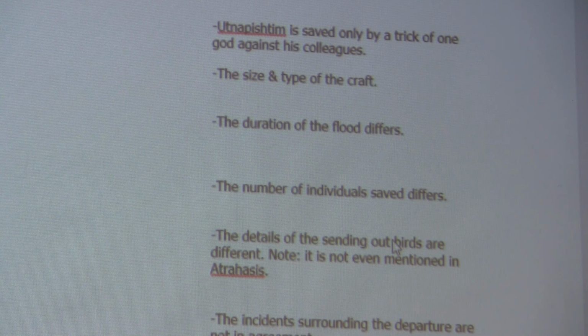The size and type of the craft is really pretty comical. I'm going to have to stop here today pretty quickly, but we actually have been able to take the dimensions of the ark as described in the Bible, and it's actually a ship. And if you want to see what it looked like, a pretty good recreation of it has been recreated south of Cincinnati in Kentucky, and you can go see the ship. It's very believable.